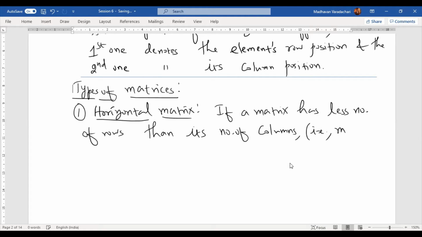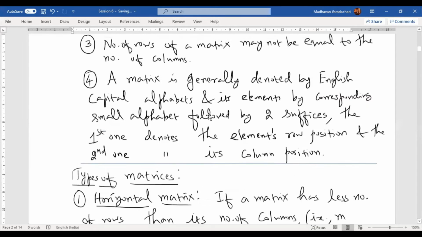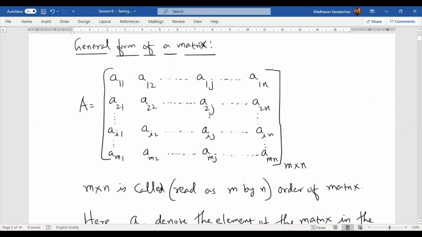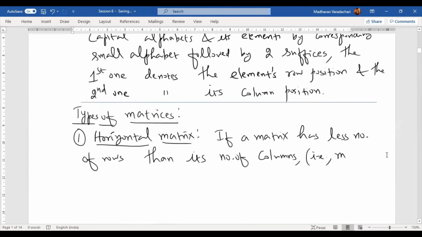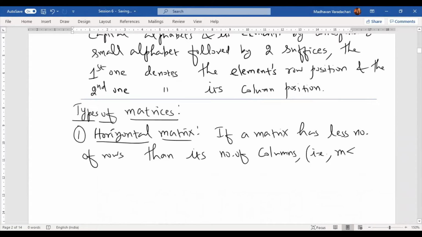Generally, m is denoted for number of rows, n is denoted for number of columns, which we had seen here in the generalized expression of a matrix. If a matrix has less number of rows than its number of columns, then it is said to be horizontal matrix.